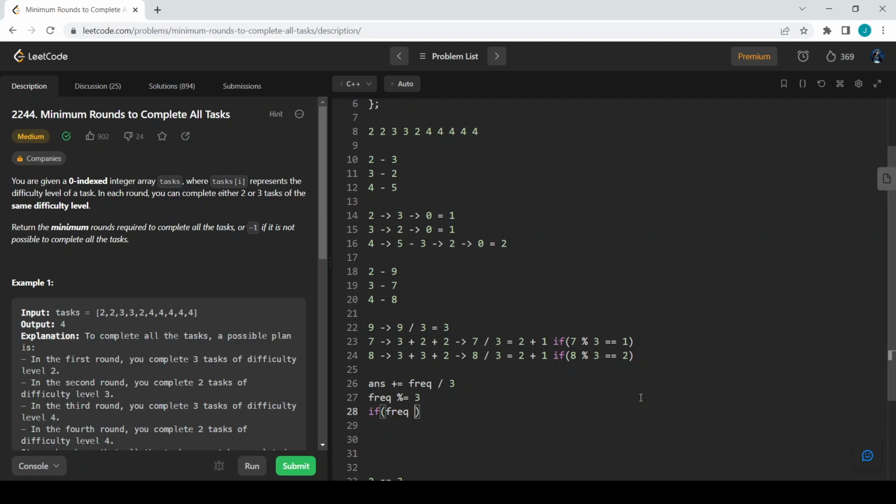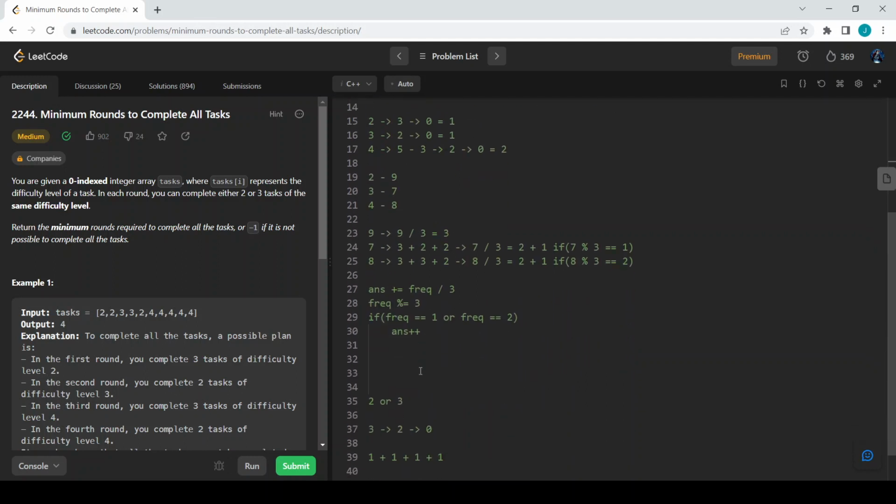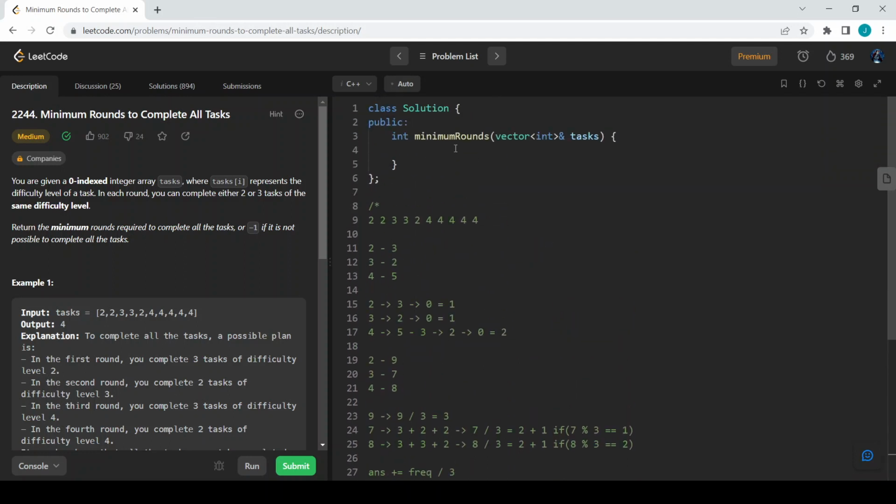If my mod is equal to 1 or 2, then we increment my answer once. This is the generalized formula that we can use once we have the frequency. This is how we find the minimum number of rounds needed to complete all the tasks. Once we code it up, we can understand much better.